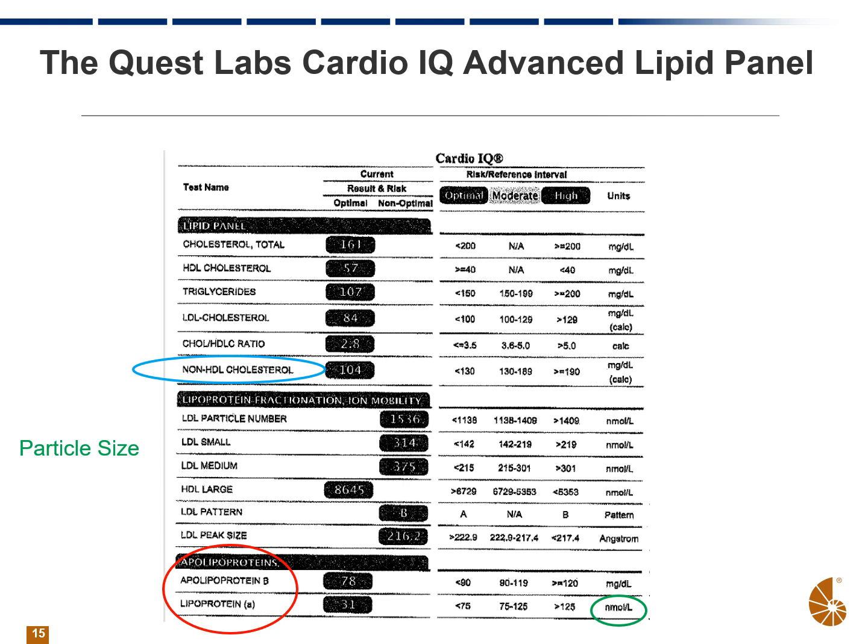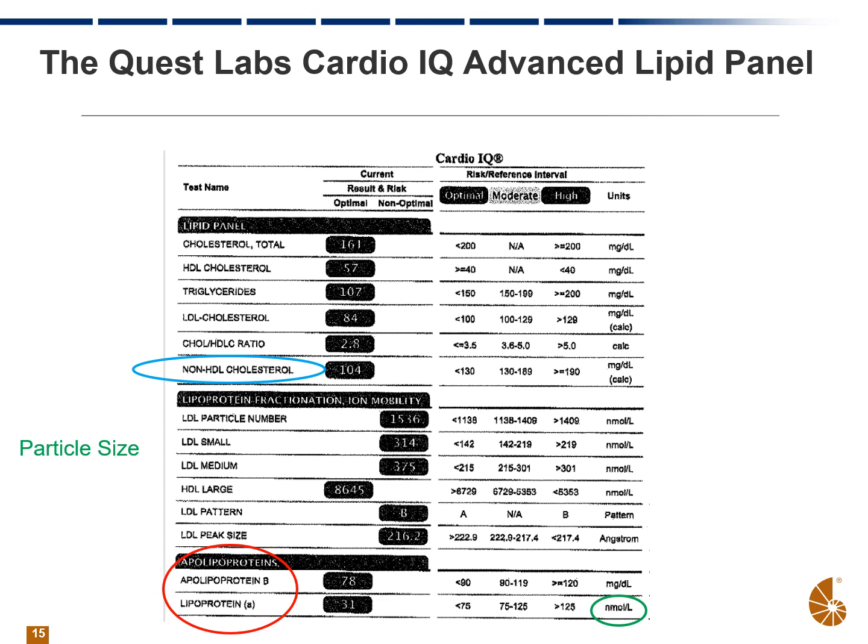However, we're starting to see these advanced panels in APSs, and this is an advanced Quest panel. And you'll see at the top are the typical cholesterol measures that we're using now. And then they also included non-HDL cholesterol. All those in that lipid profile look to be normal, right? And then in the middle, they have this thing called particle size, which is something we should start paying attention to.